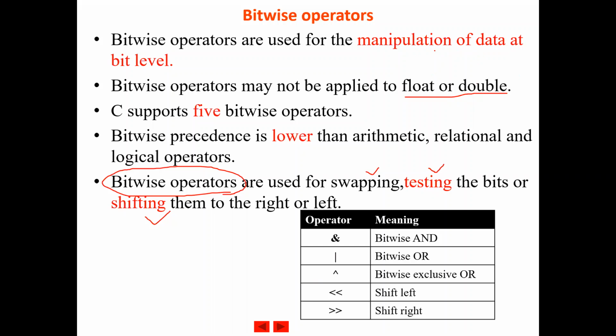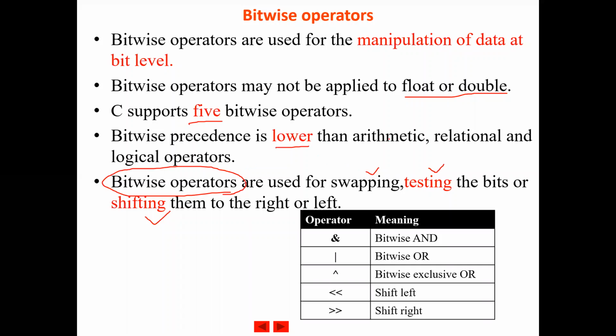Bitwise operators are used for manipulation, or you can write, operations on data at the bit level. We will see those bit level manipulations in the next slides. It is not applicable for decimal numbers. C supports 5 bitwise operators, and bitwise precedence is lower.